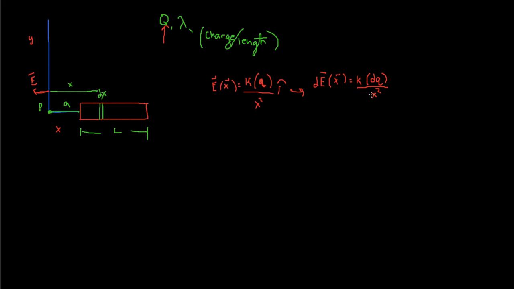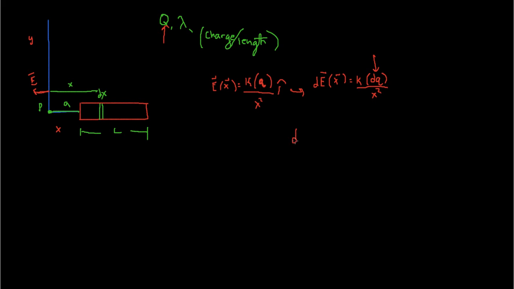So now if you remember that the uniform linear charge density lambda is constant throughout. The main trick is to convert this changing charge dq into a changing distance.